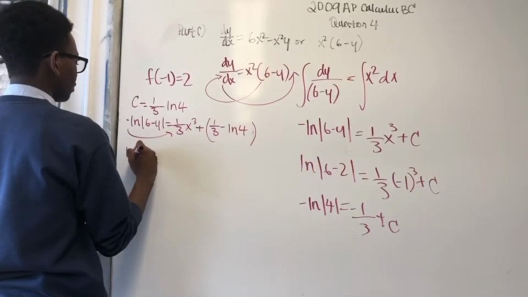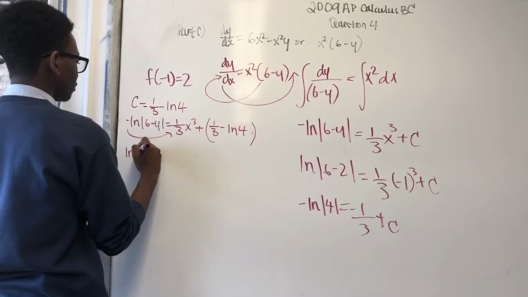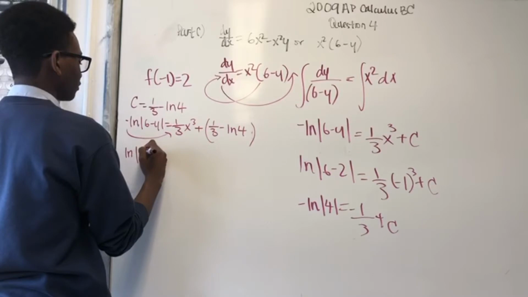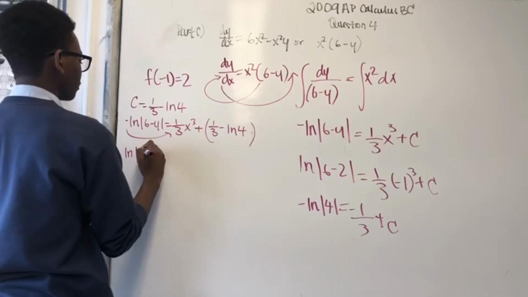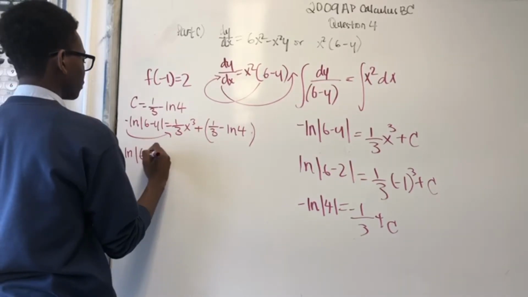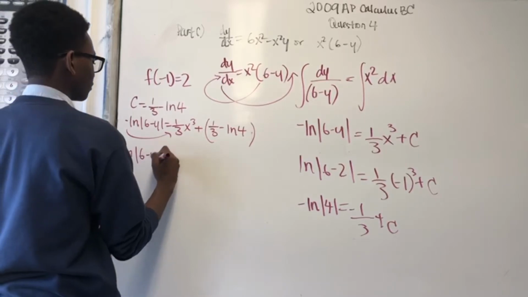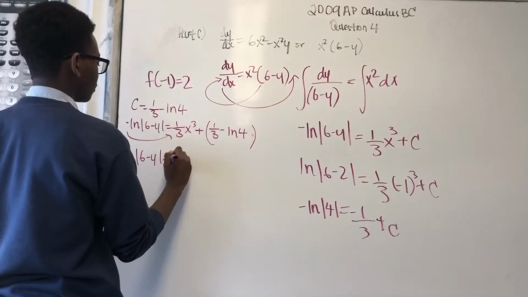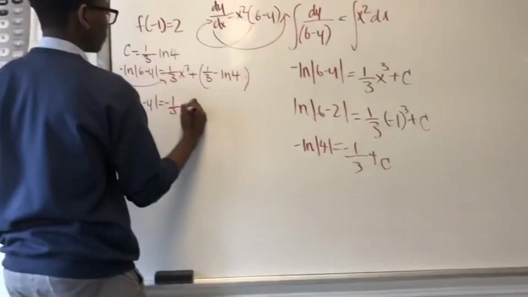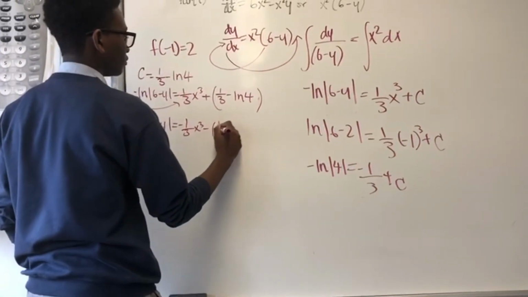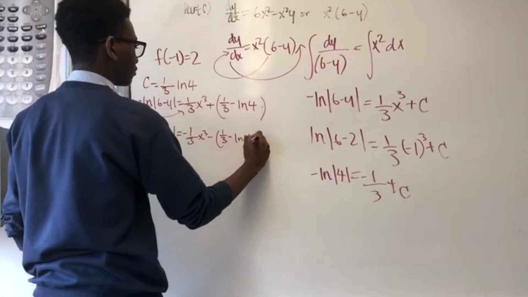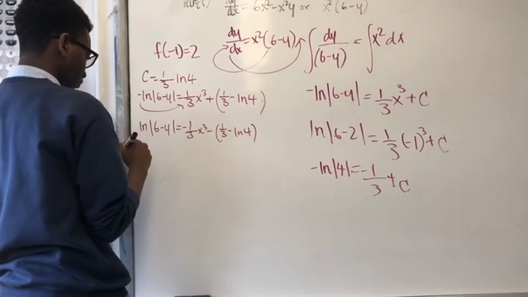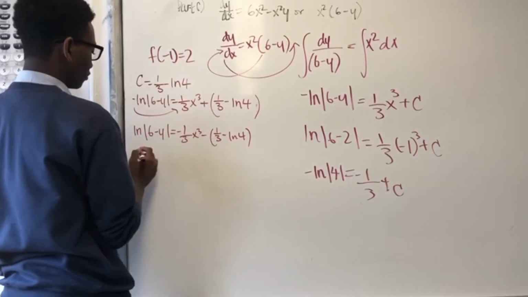So we plug in 1/3 minus ln of 4 into the equation that we had before. That would be negative ln of 6 minus y is equal to 1/3 x cubed plus 1/3 minus ln of 4.